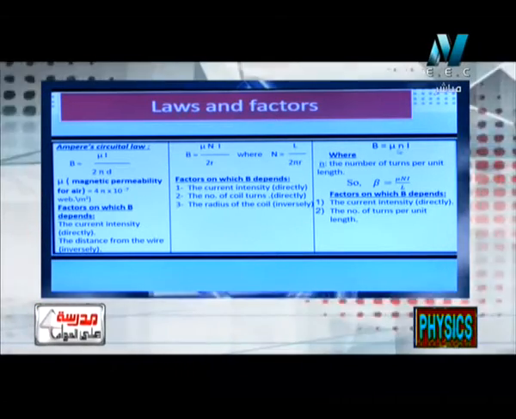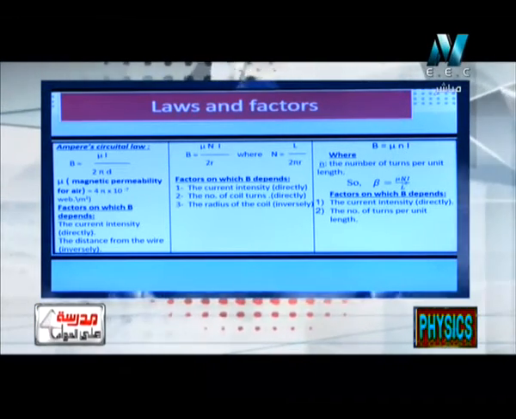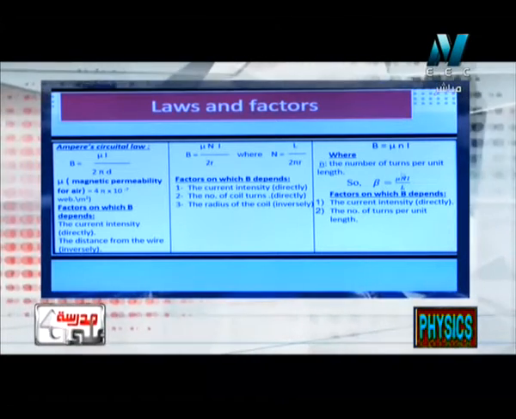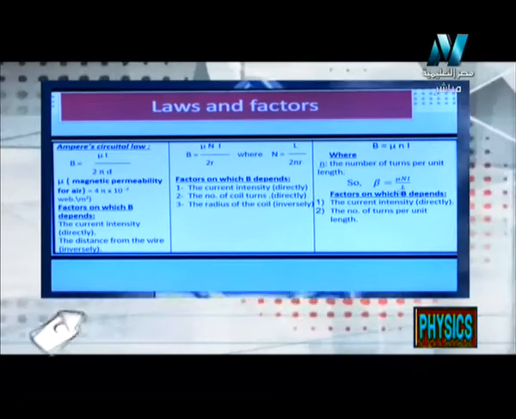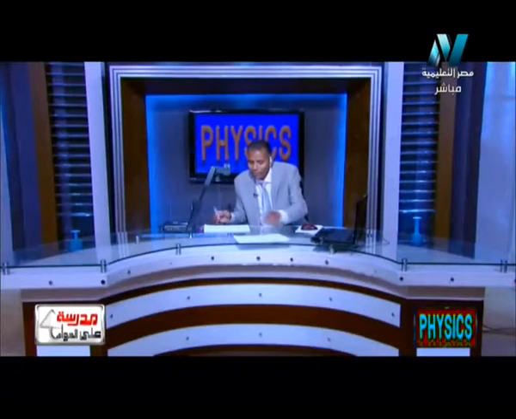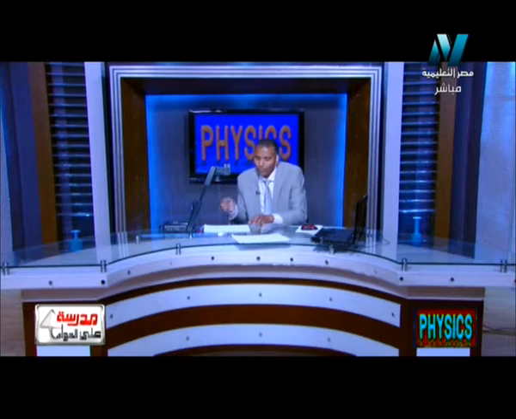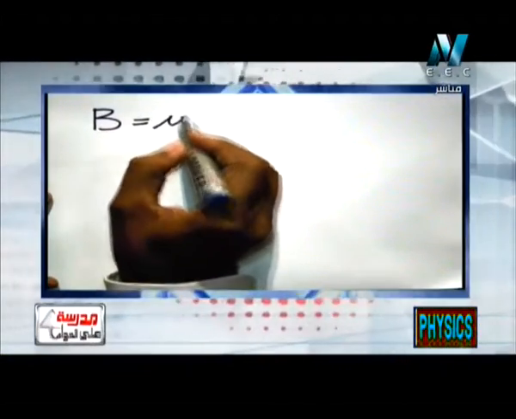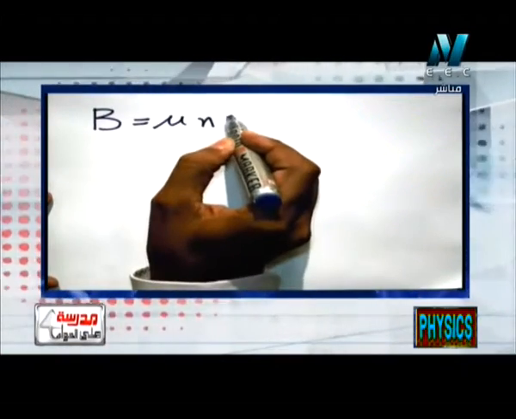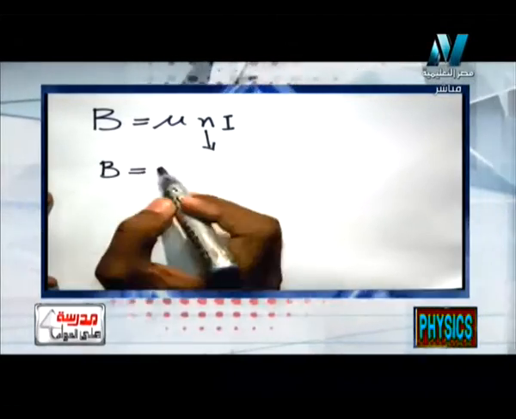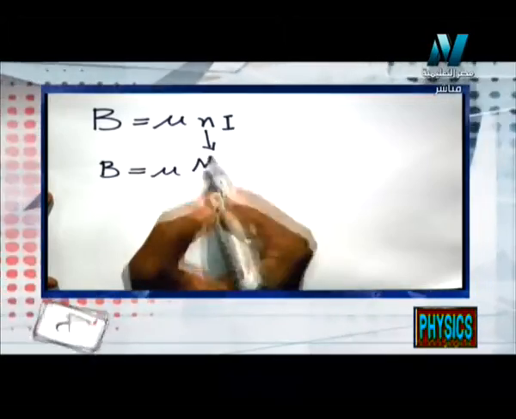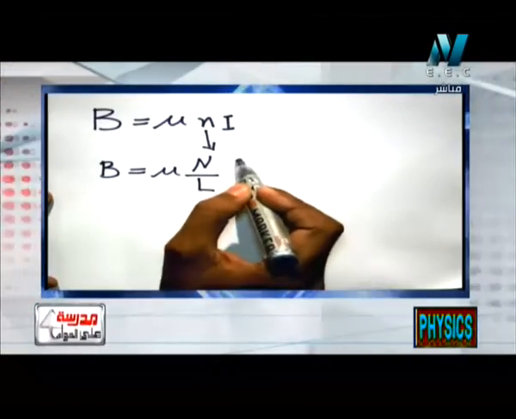We replace n with N capital over L. The main rule is beta equals mu n I. We can substitute n small by N over L: beta equals mu N over L I.